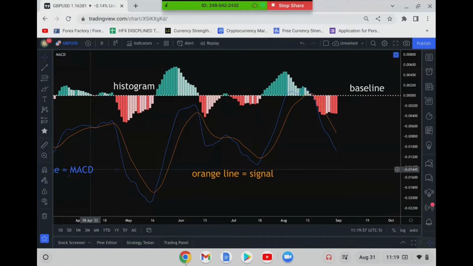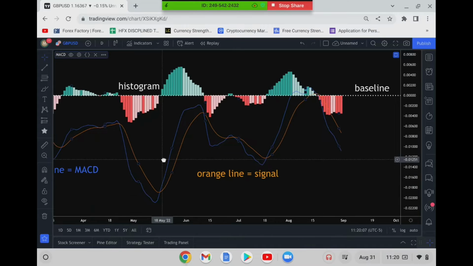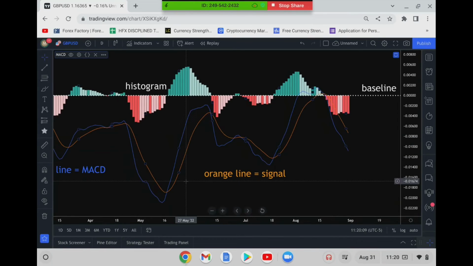So again, in this case, MACD is our price. Our signal line is our moving average. So whenever you see the blue line crossing above our orange line, that is going to be a buy signal. And whenever you see our blue line crossing below our orange line, that is going to be a sell signal.